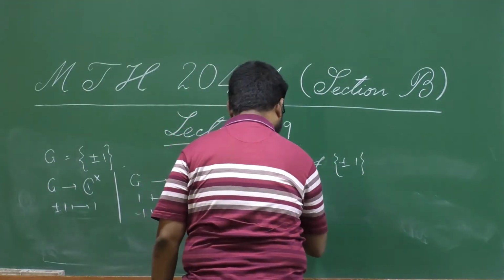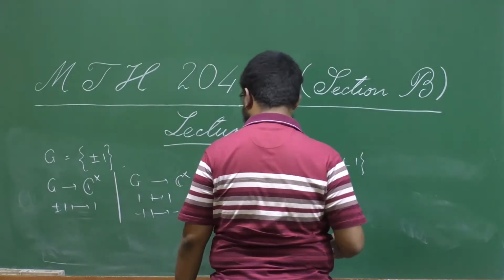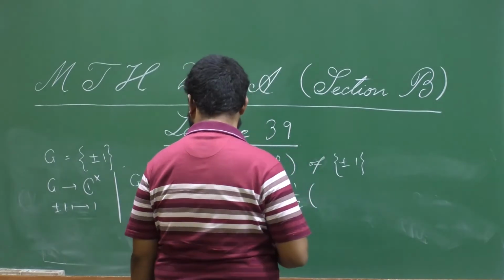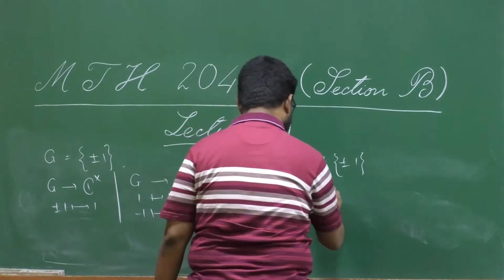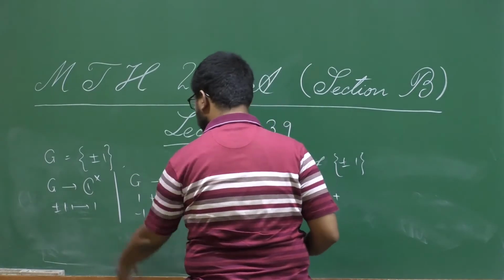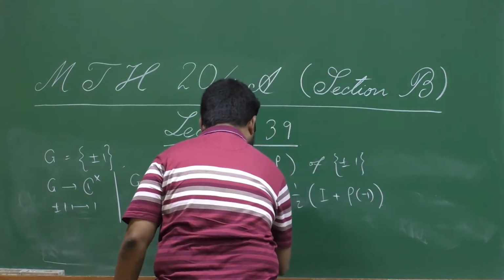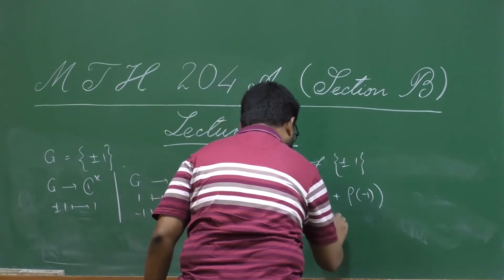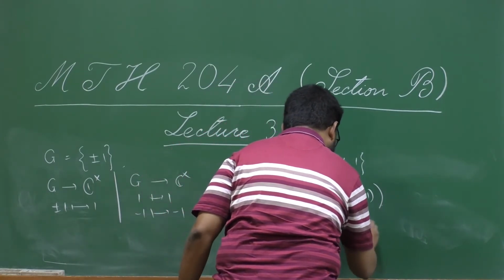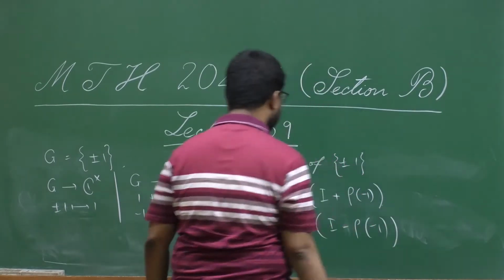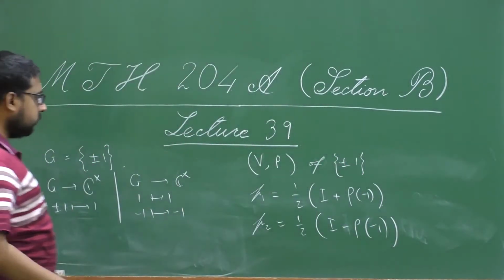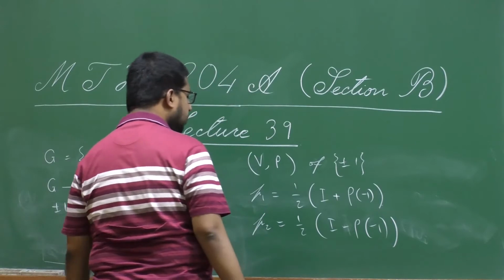So here each n_i is 1 and the order of G is 2, so we have one half times. The first one will be the trivial one, so P1 is identity plus rho of minus 1, and P2 is identity minus rho of minus 1. So what is the image of P1?